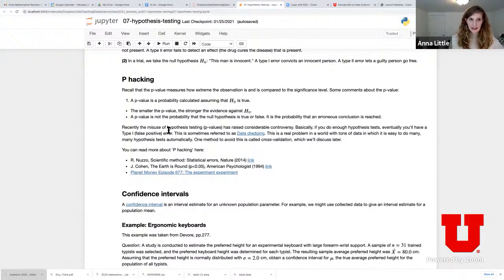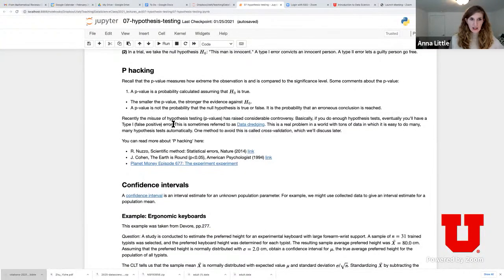Let me just discuss here the misuse of hypothesis testing. The basic idea is that if you do enough hypothesis tests, eventually you'll have a type 1 error. If you set your alpha at 5% and you do 100 hypothesis tests, you'll make a type 1 error about 5 times. So if you do enough of these, you're going to make a number of these errors, and this is referred to as data dredging.